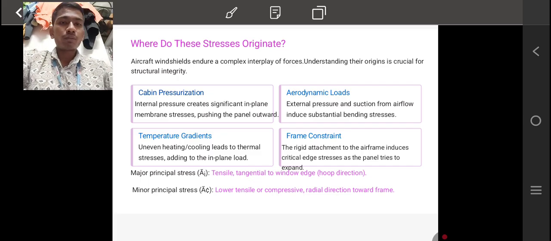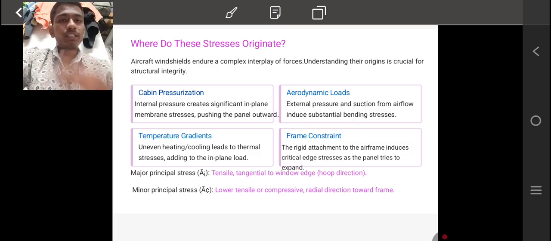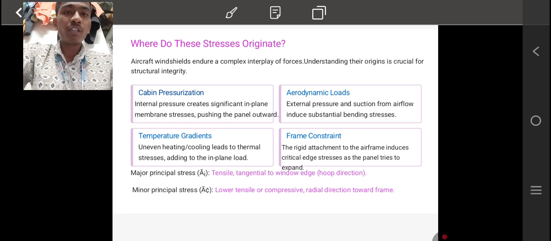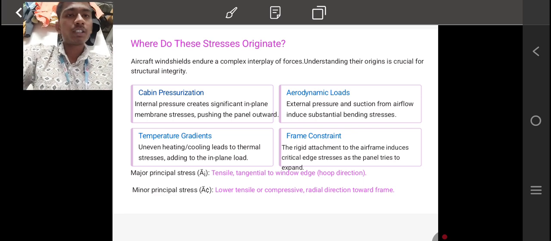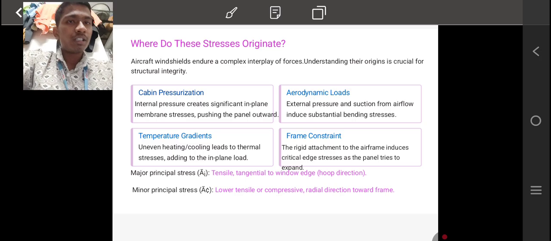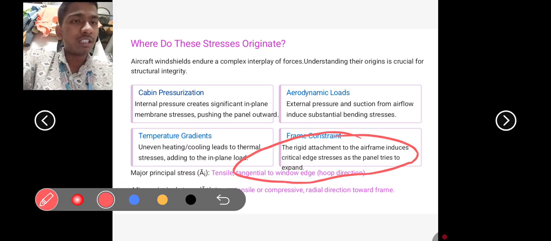Due to this friction, temperature increases and there is uneven heating. Fourth is frame constraint. The rigid attachment to the airframe induces critical edge stresses as the panel tries to expand.